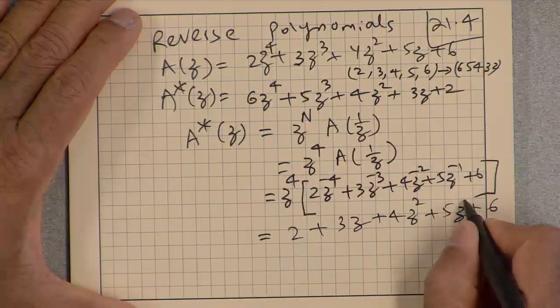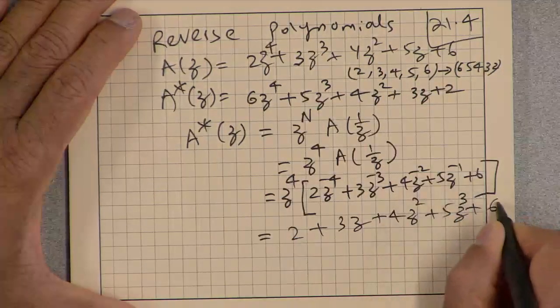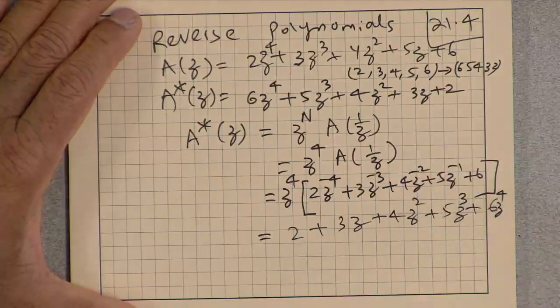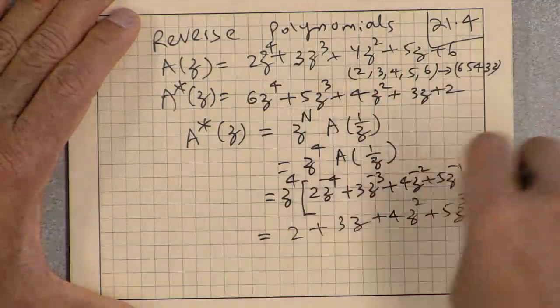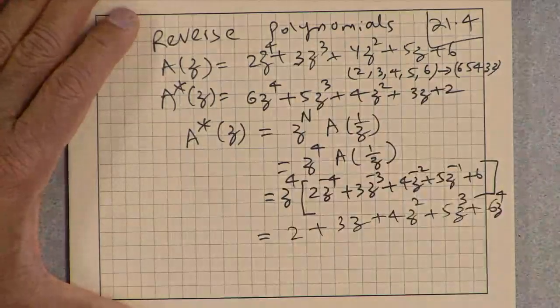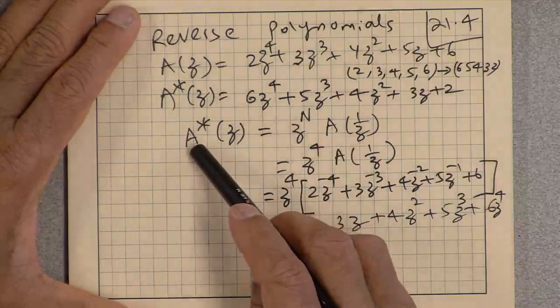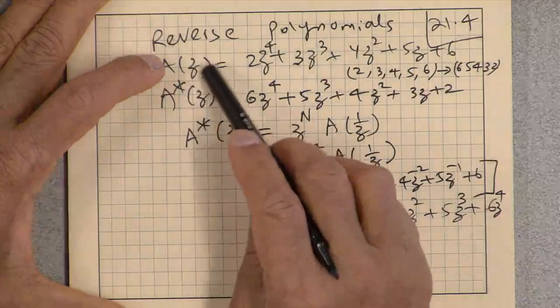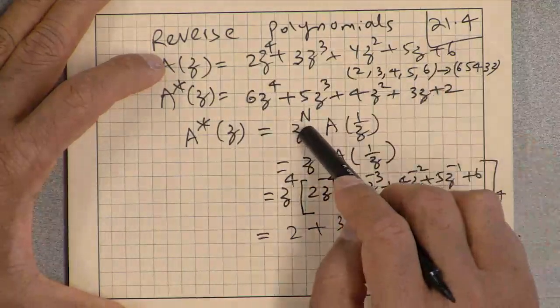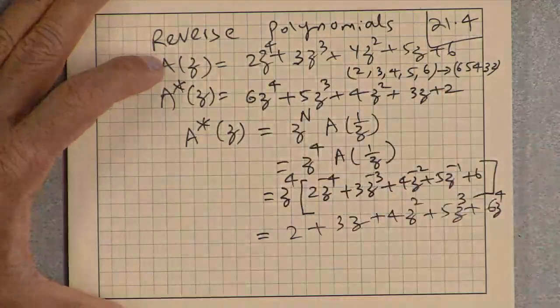Okay, so these are the same expressions. So that is the formal definition of a reverse polynomial. You replace z by 1 over z in the polynomial and multiply by z to the power n.